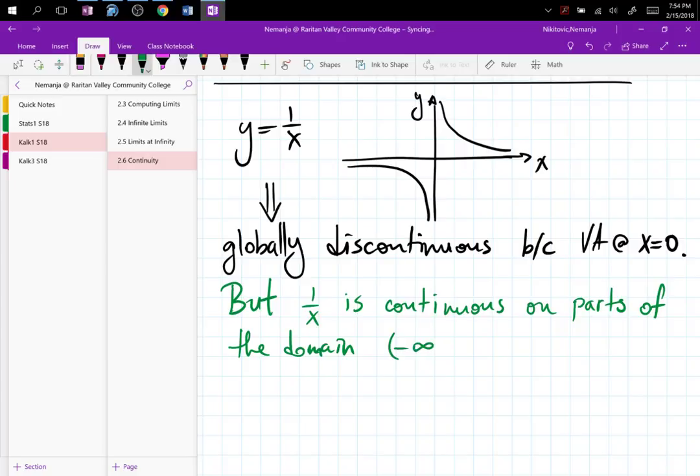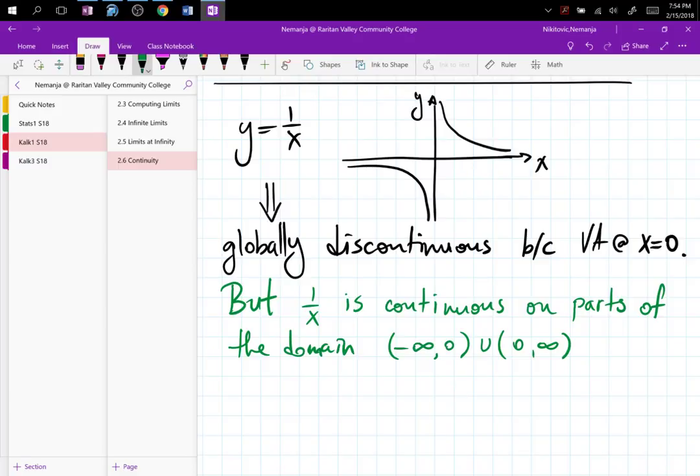So negative infinity to 0 is perfectly continuous, and also 0 to infinity. So we have to be clear. 1 over x is discontinuous globally because there is an asymptote at x equals 0. However, if you consider 0 to infinity, that's this continuous piece over here, and that piece is continuous everywhere.